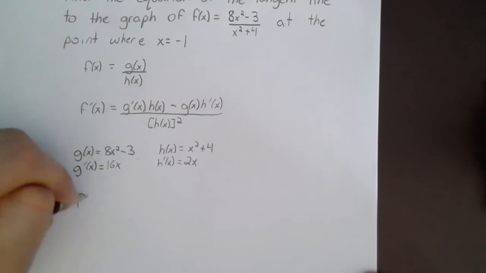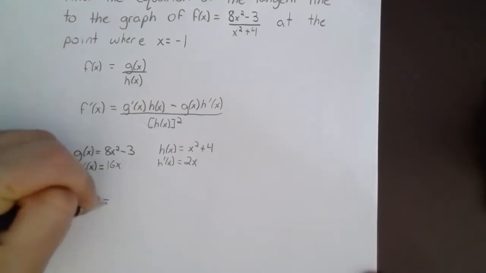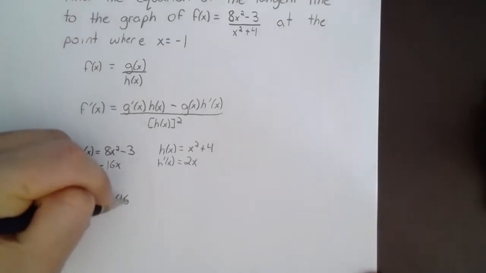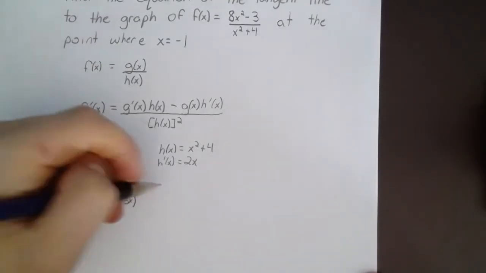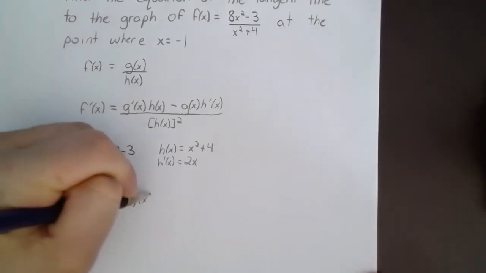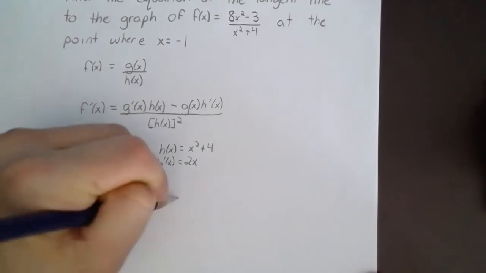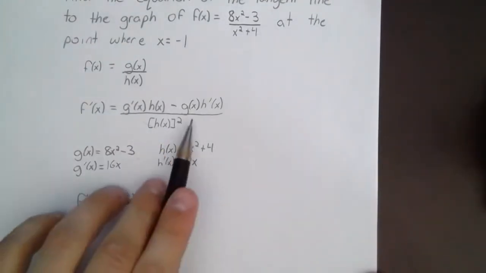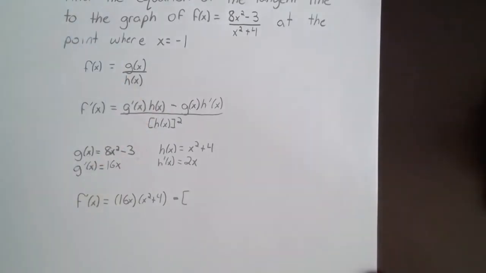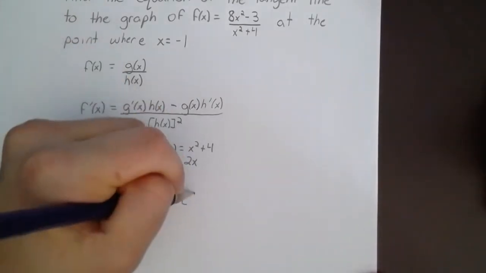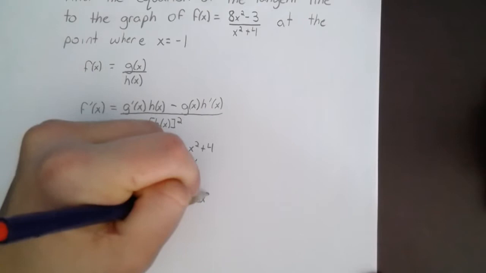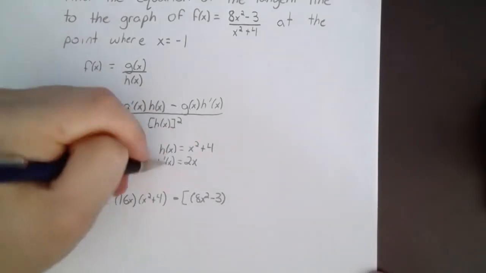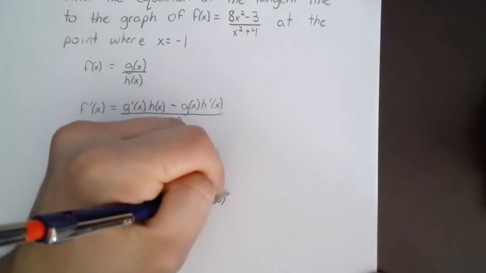So I know that f prime at x equals the derivative of the first, which is just 16x, times the second, which is x squared plus 4, minus the function in the numerator, which is 8x squared minus 3, times the derivative of the denominator, which is just 2x.